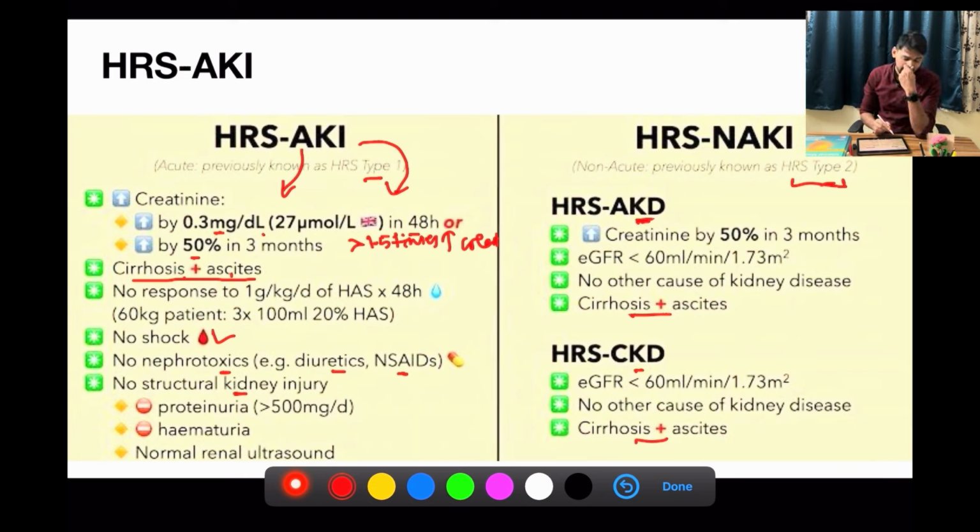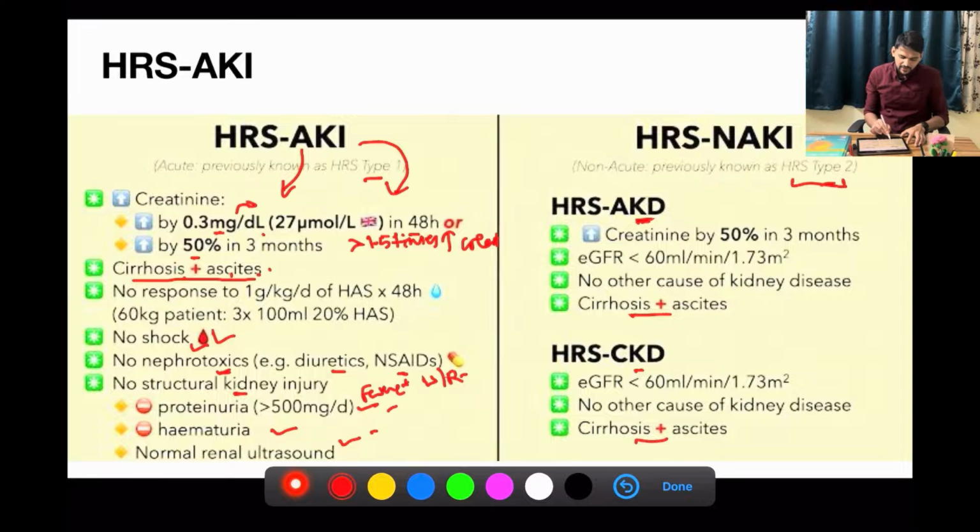So whenever we get this HRS AKI or renal dysfunction in a liver disease patient, always get urine routine in which we look for proteinuria and hematuria. If proteinuria is there, it is indicative of structural, that is glomerular damage. Hematuria, again structural injury. And we have to get renal ultrasound also in which there should not be any structural problems.